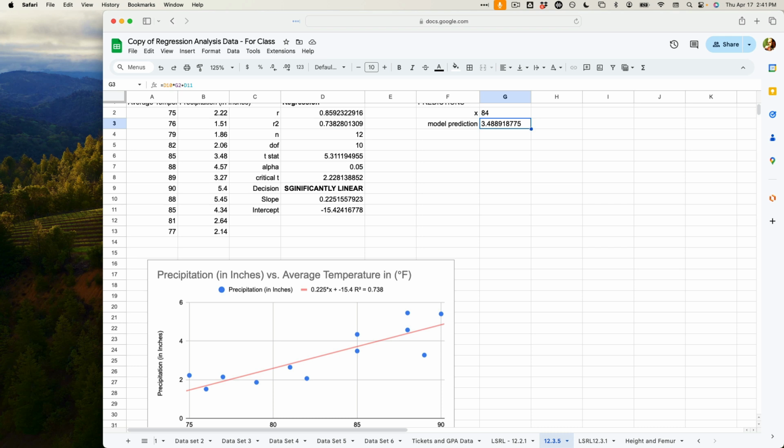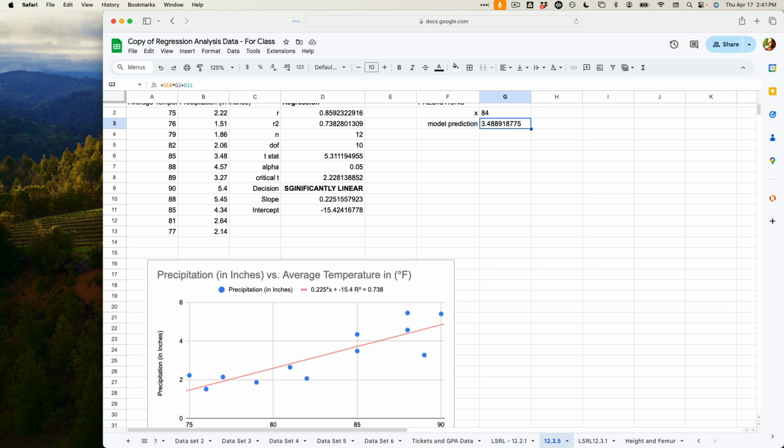Then you have a confidence interval there, because the confidence interval tells us with 95% confidence, the mean value of the population is going to be there. Or you can ask the question, for one given point, one given year, one given time, what should I expect the precipitation to be at 84? Then that changes the range significantly. It's going to be called a prediction interval. Okay, so we're going to do those two things next.